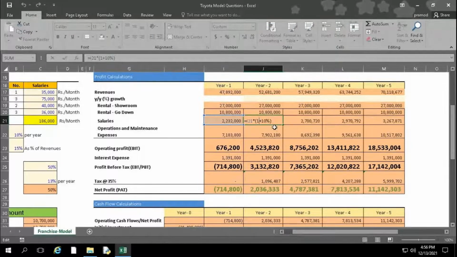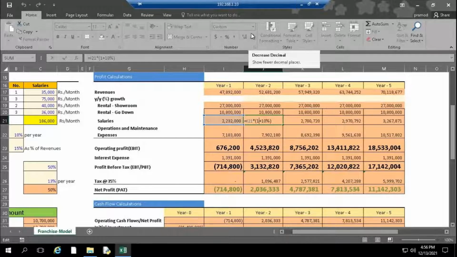So the increment of the next year. Okay, sir. Yes, sir, now I got the values, sir.